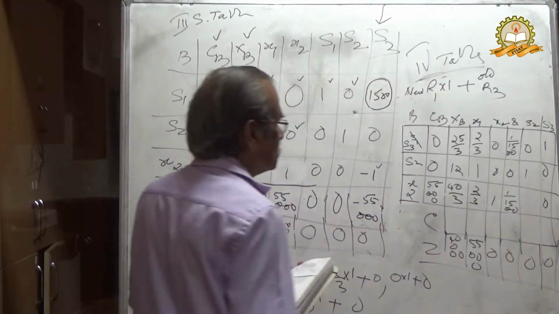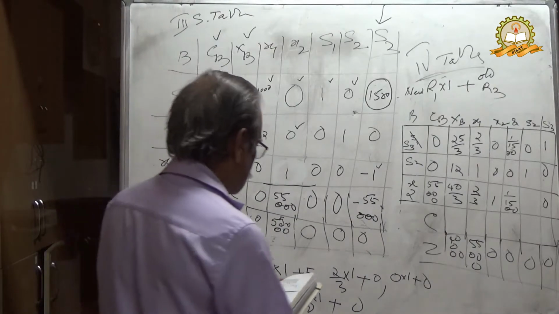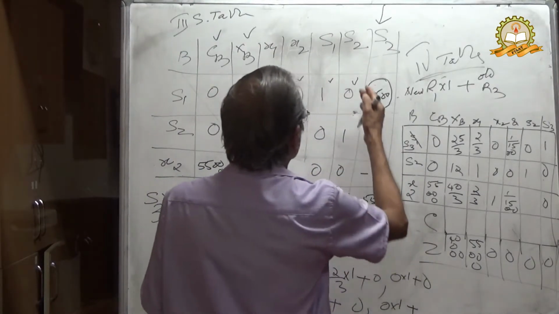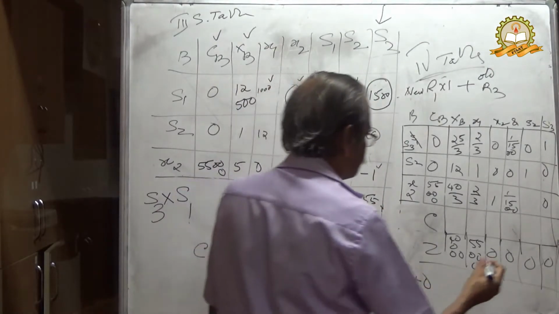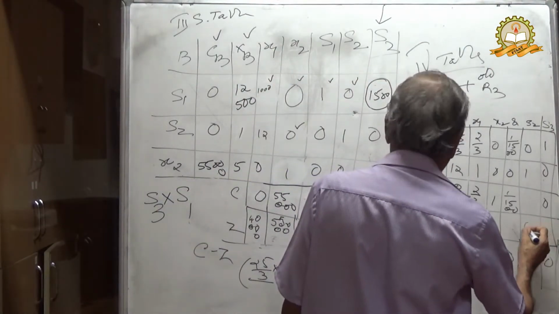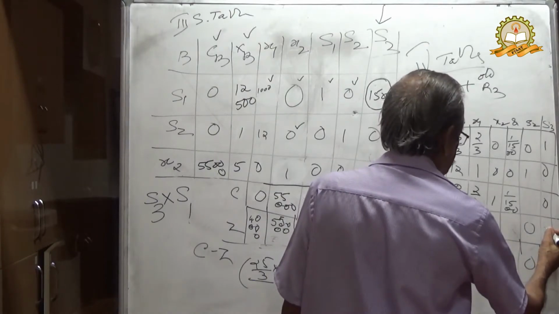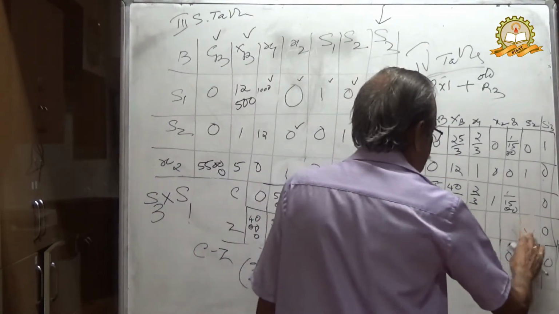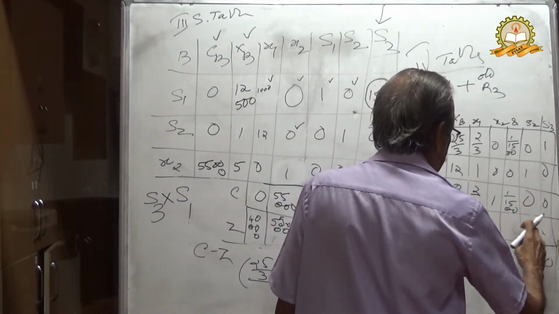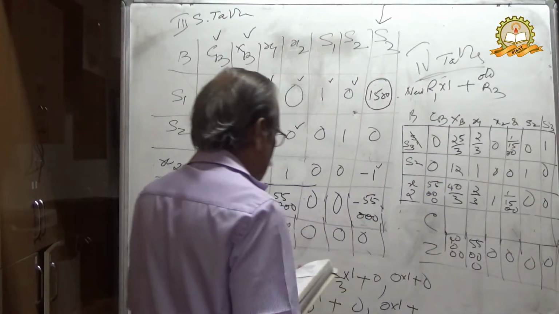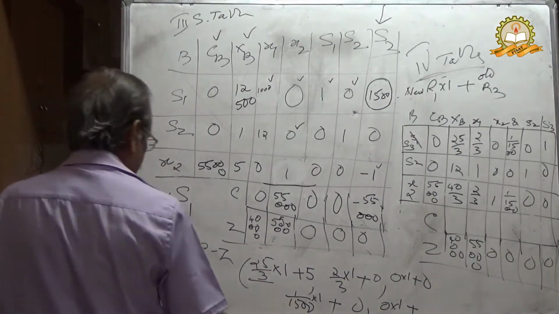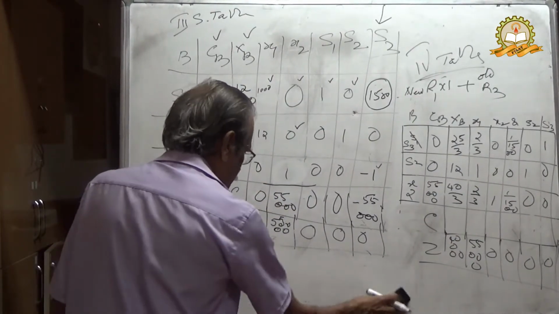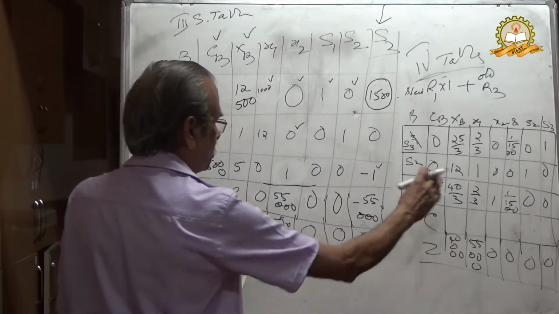Then under S2, you have 0 into 1 plus 0. S2 is 0. Similarly, S3 also equals 0. Therefore, you have changed all the rows, you obtained this.